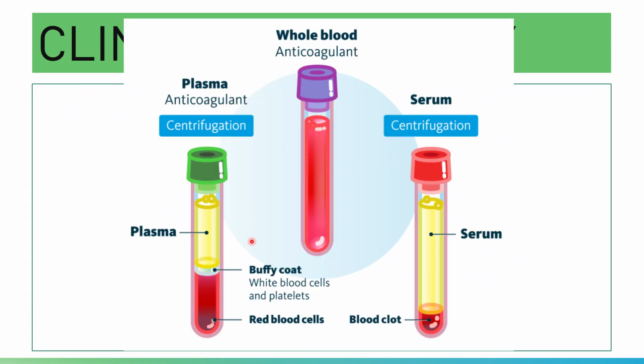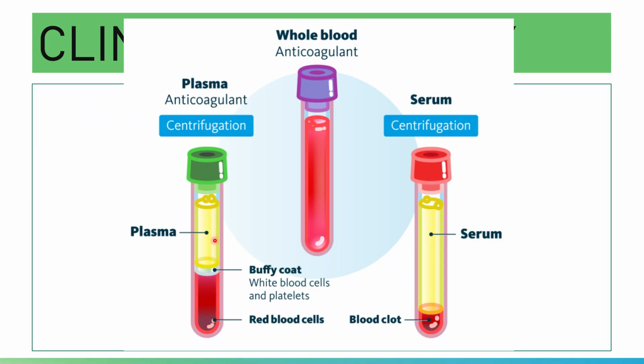So let's take a look at this one. Please note that an anticoagulated blood, you call it a whole blood. If you spin a whole blood, or a blood with an anticoagulant, you will yield a plasma and a hematocrit as well as a buffy coat.